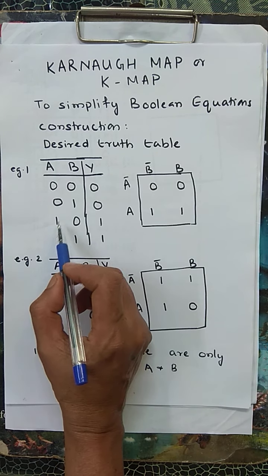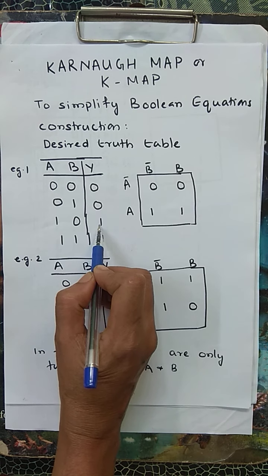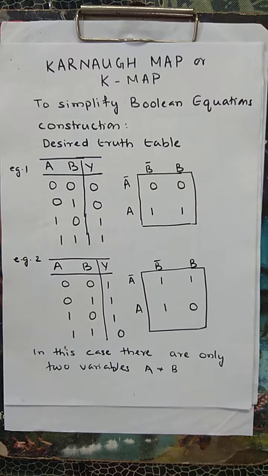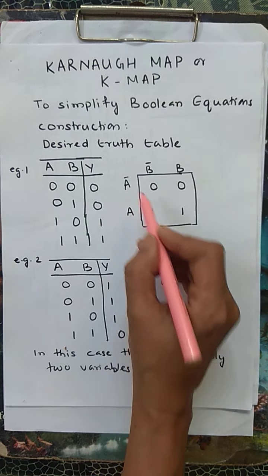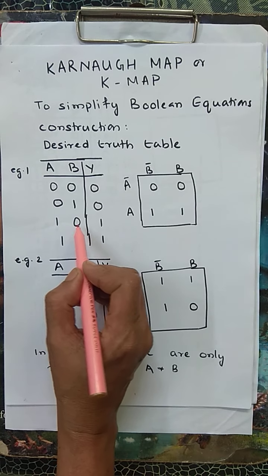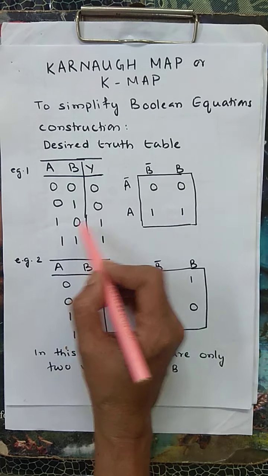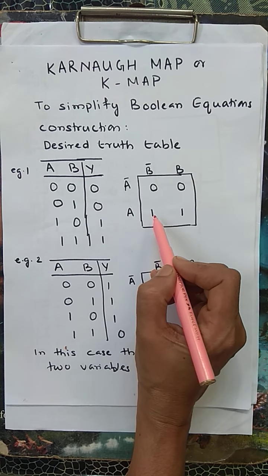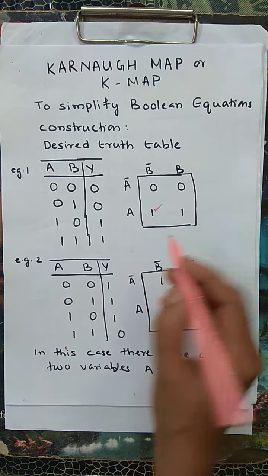So where you have the combination A B complement, you have a high output. You will have to look at the position where you have A, B complement. This is A, this is B complement. So A B complement is 1, and I have entered the high value here.